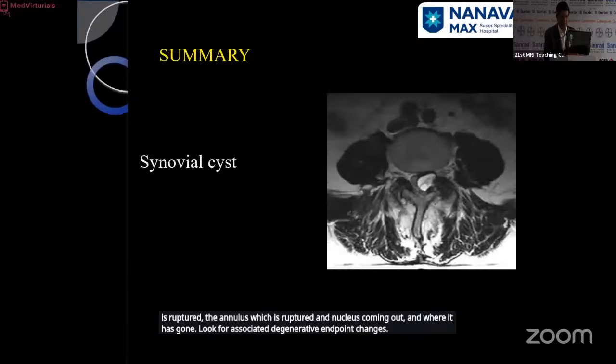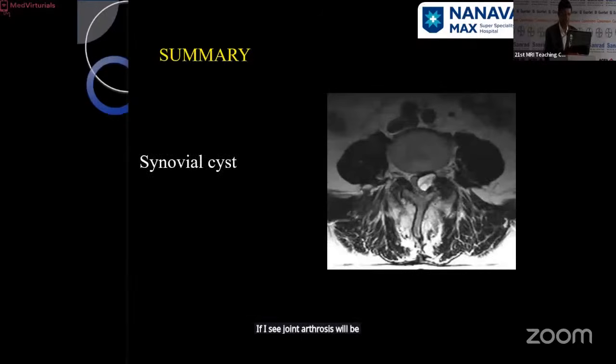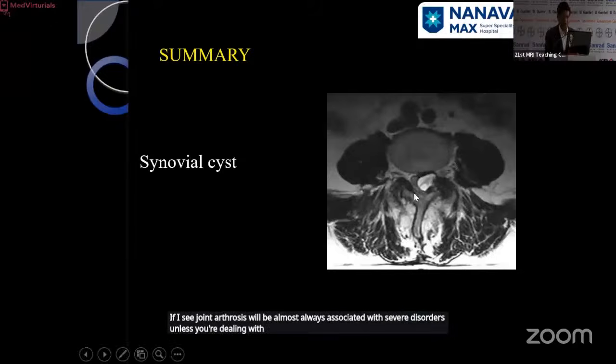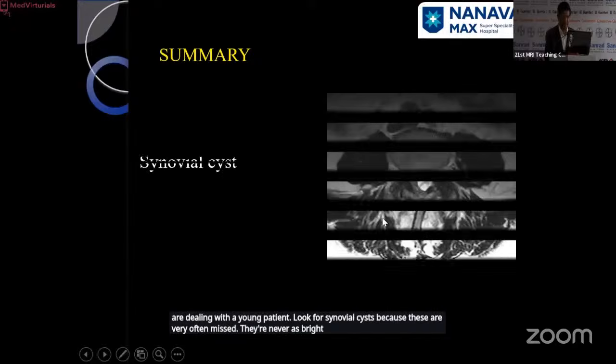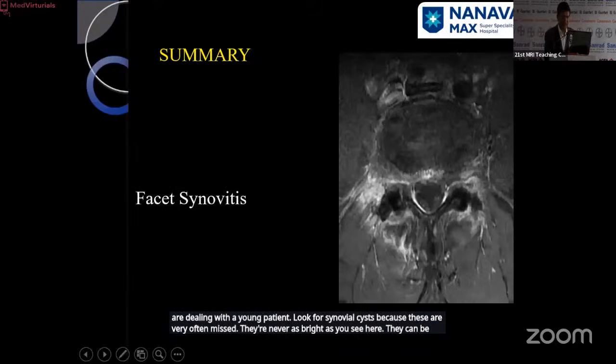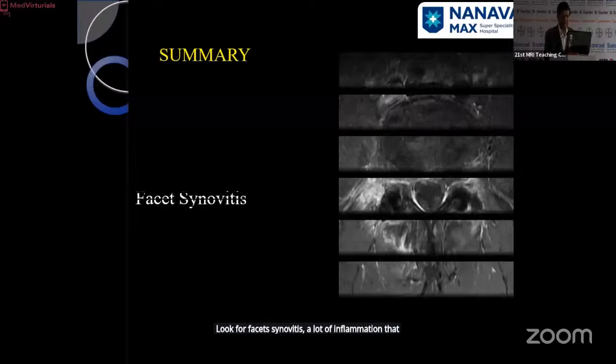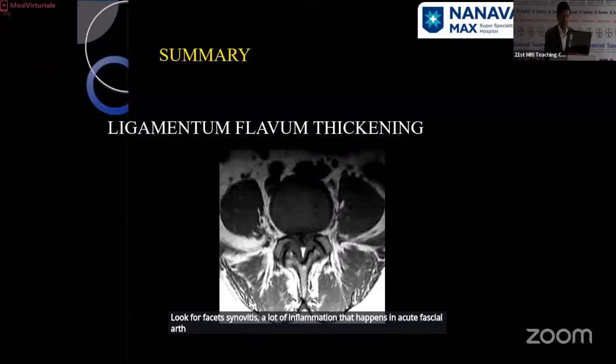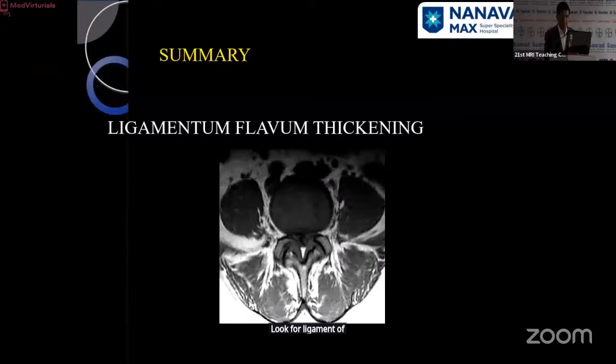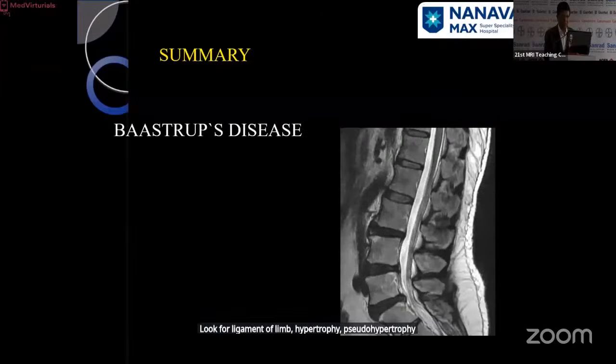Facet joint arthrosis will be almost always associated with severe disc disorders unless you are dealing with a young patient. Look for synovial cysts because these are very often missed. They're never as bright as you see here. They can be subtly bright. Look for facet synovitis, a lot of inflammation that happens in acute facet arthropathy. Look for ligamentum flavum hypertrophy, pseudohypertrophy, or thickening.